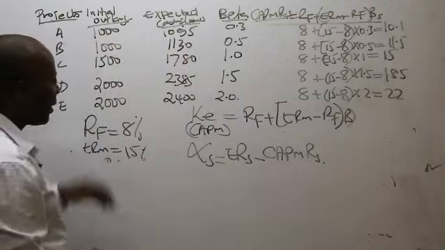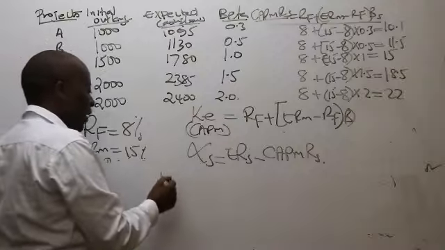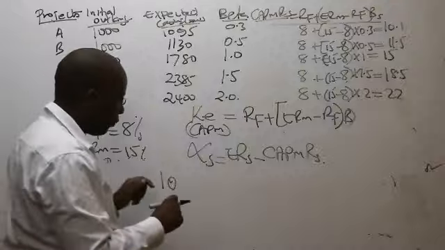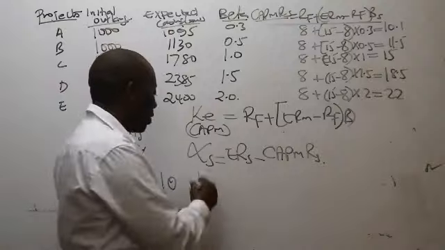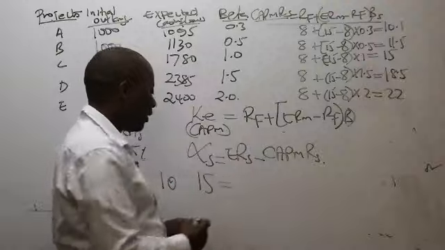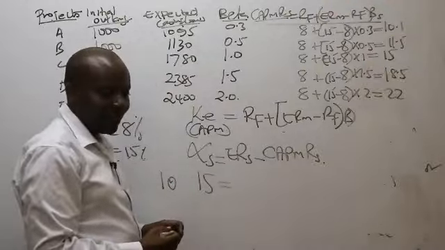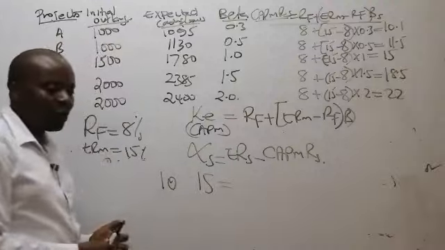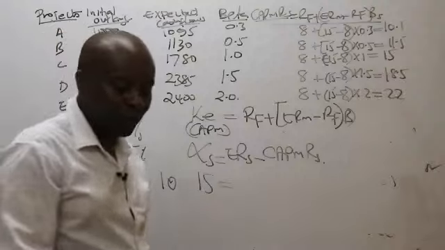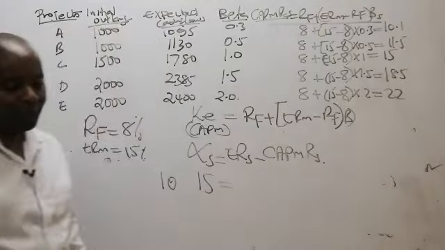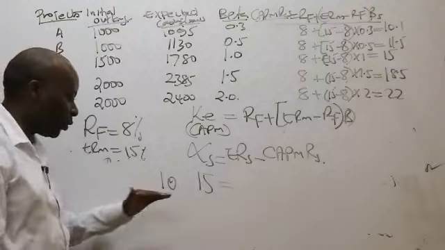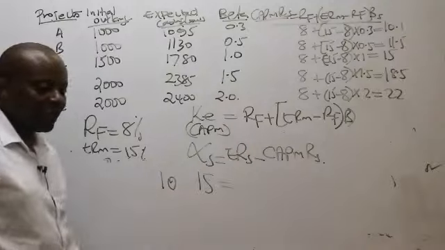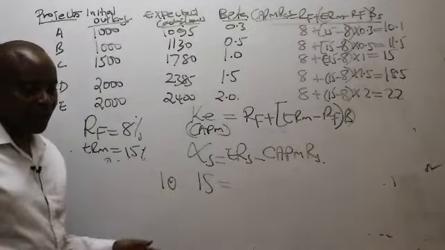Now, ladies and gentlemen, if, for example, today you buy a loaf of bread for 10 bob, and then tomorrow you sell this loaf of bread for 15, could you kindly give me the profit percentage? You bought the bread for 10, but you've sold it for 15.